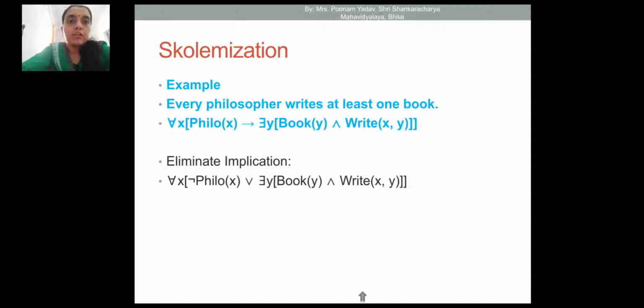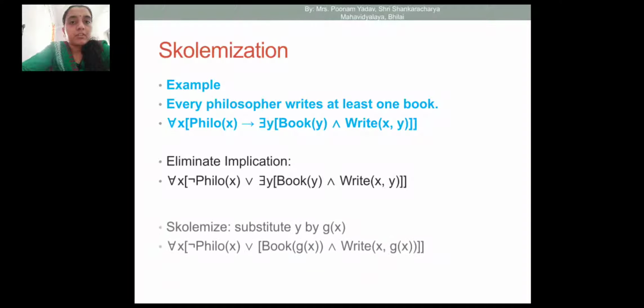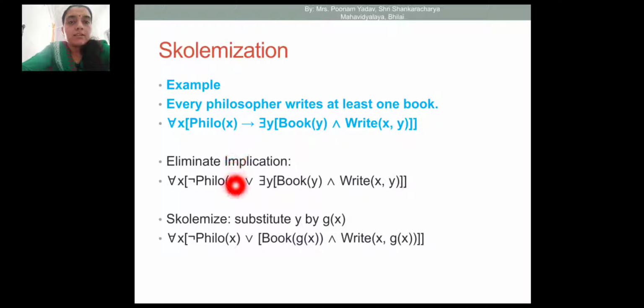After elimination of the implication sign, we get negation of this, or this. So for all x, not philosopher x, or there exists y, book y and writes x y. After removing this existential variable y, we get book g(x) and writes x g(x). So this is the process of Skolemization.